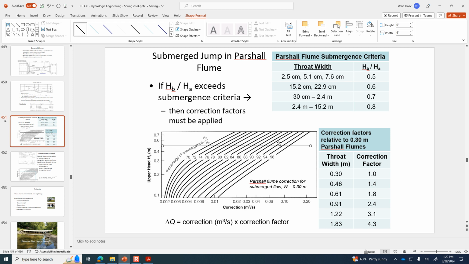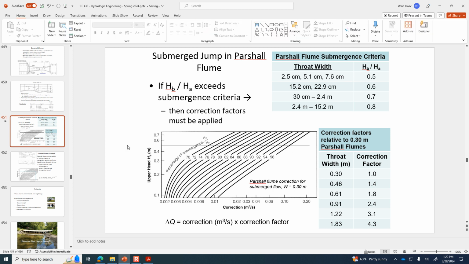I've got that line at an H sub A of 0.45, and it's going sideways, and I want to intersect the curve for 86.7%. So I'm just basically looking for 87%. So it intersects, it's hard to do, 86 and 88. So 87 would be between those two curves, and then I want to go down from there. So let me draw another line from that point of intersection.